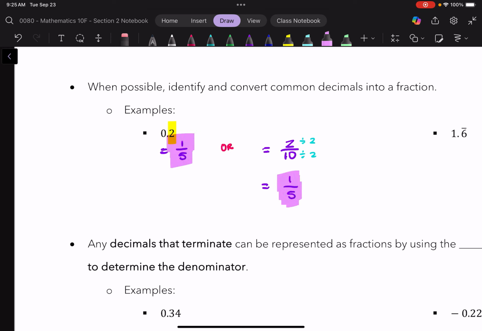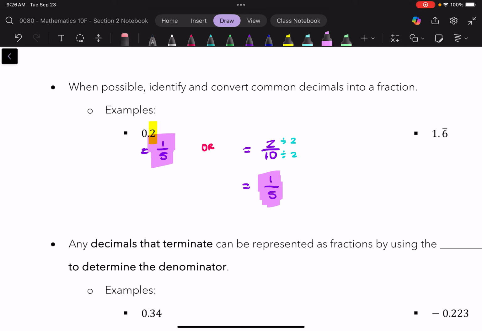Regardless of what strategy you used, you will and should get an identical answer. However, one method was faster than the other. So if we can look and recognize those sight fractions, we should be able to get there in a quicker process than if we go ahead and use place value in this case.